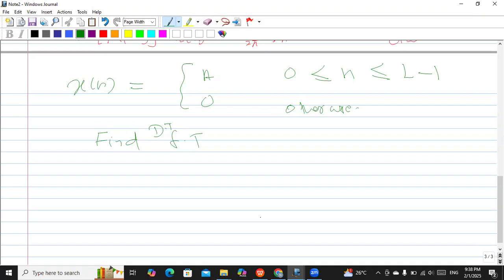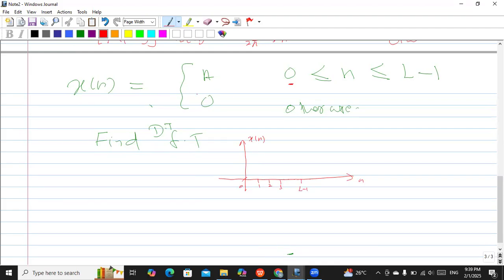If we draw the signal, it is like this. We have n and we have x(n). n is starting from 0, and goes to L minus 1, so 0, 1, 2, 3, like this up to L minus 1.